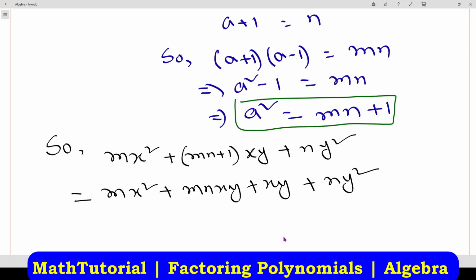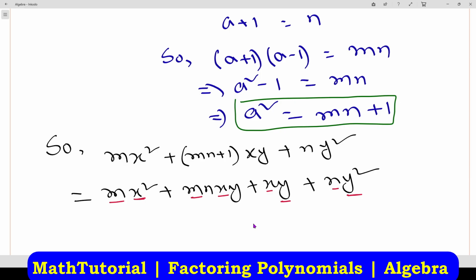Then what can we do? Is there any similarity? Let's check. Here is x square and m, so here is m and x, the same thing. Here is y square and y, and here is n and n. So we can take something common from here.